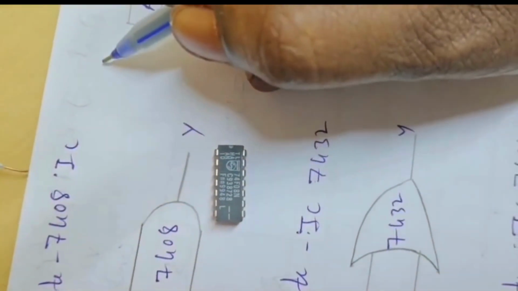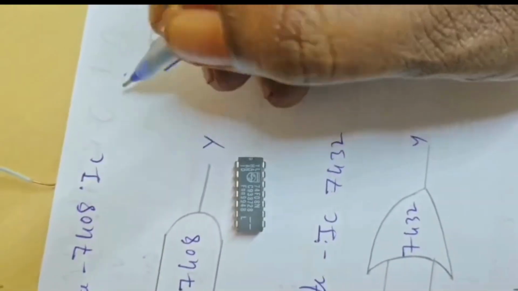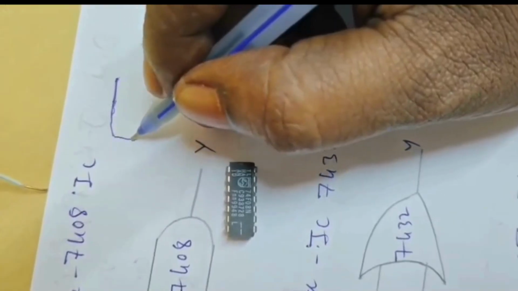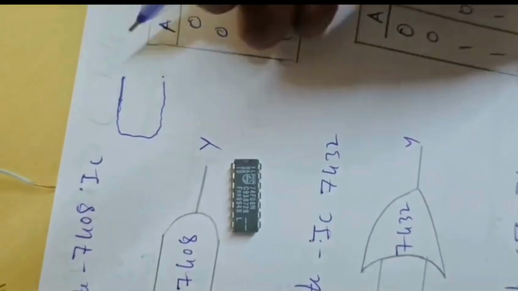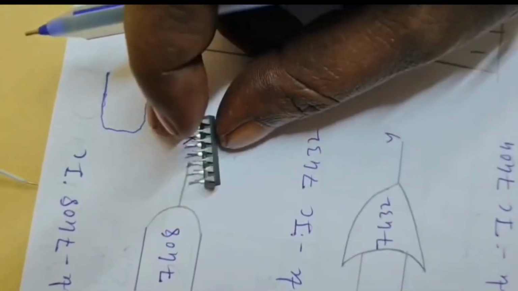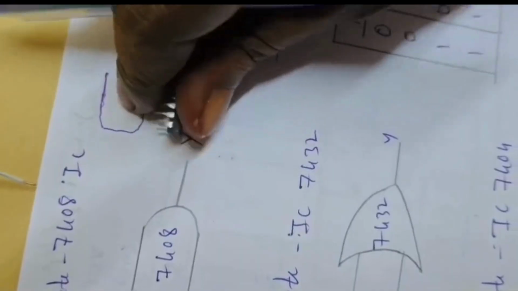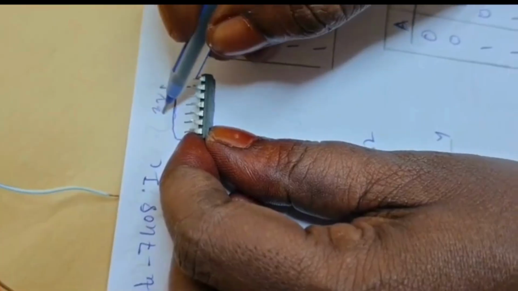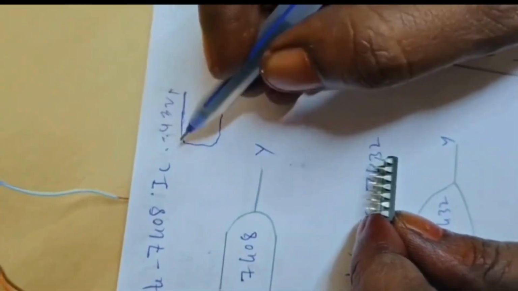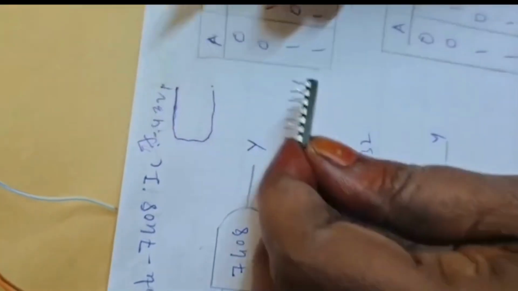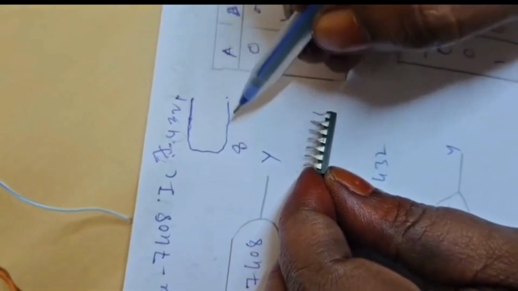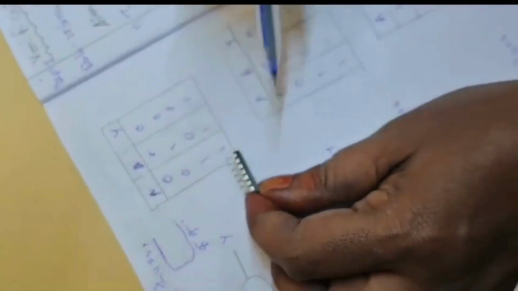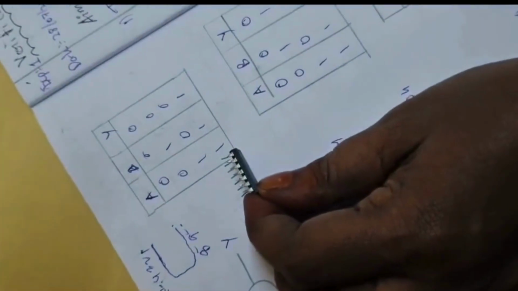Just like how we write the letter C, we can see the pin numbers in the direction of the letter O, that is, the anti-clockwise direction. The pin numbers are 1, 2, 3, 4 and so on. For a 14 pin IC, it goes up to 7 here, and next it is 8, 9 like that. You have to always read these pin numbers in the anti-clockwise direction only.